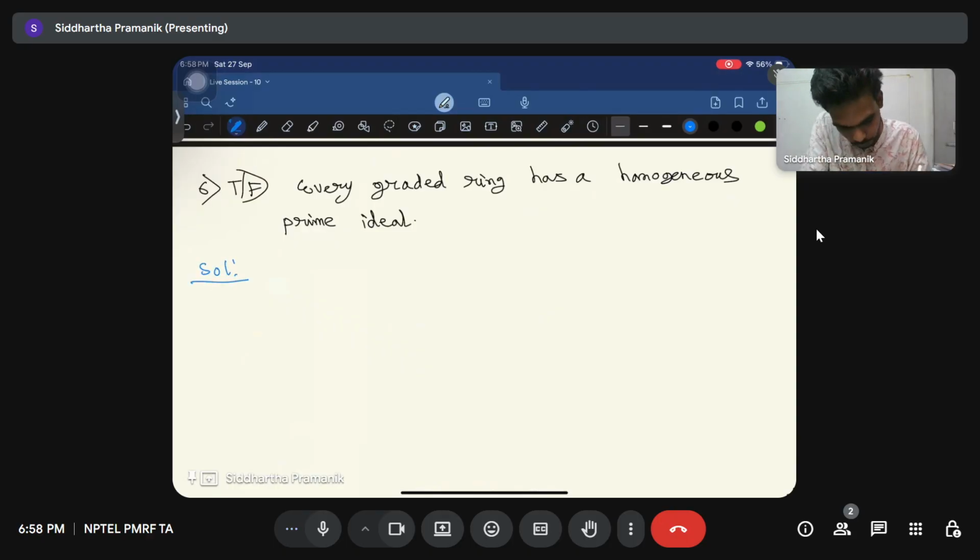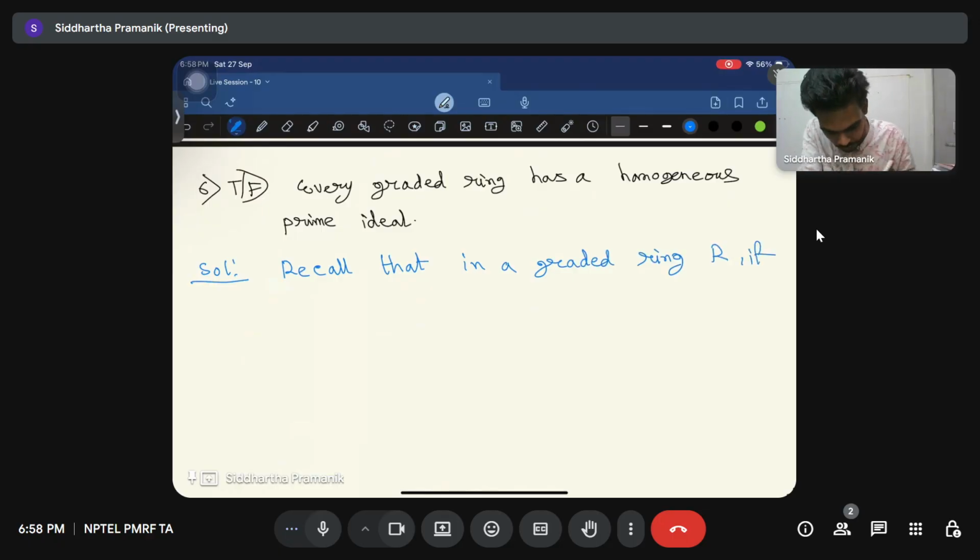So recall that in a graded ring R, if P is a prime ideal, then the largest homogeneous ideal inside P, which we denote by P star, is also a prime ideal.